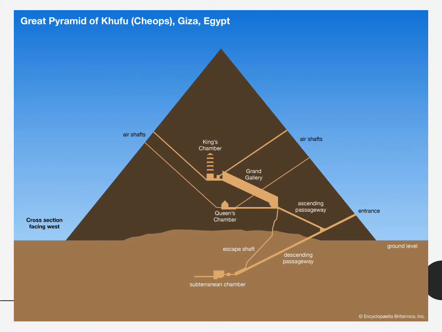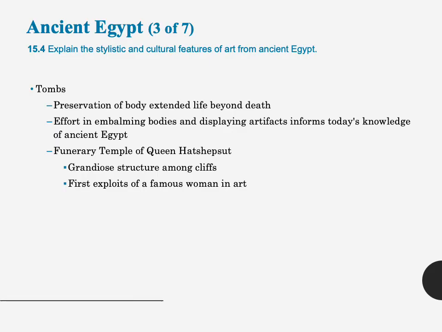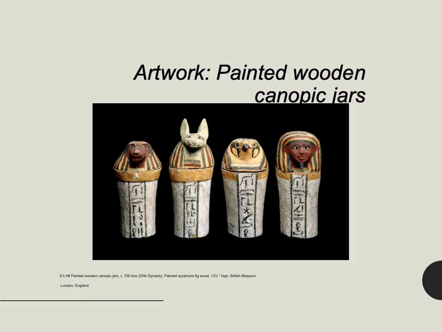Remember that they were making mummies from the body, and they believed it's very, very important that you preserve your body, because after your death, the ka, or soul, gets separated from the body.